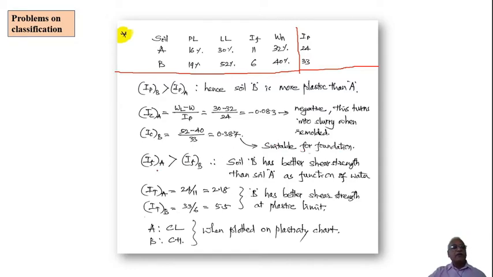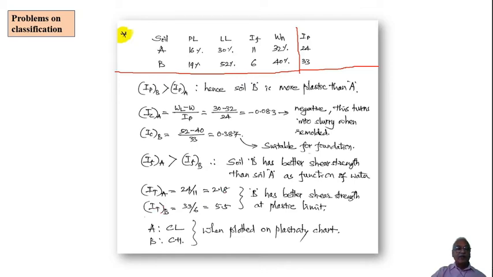Okay. Now flow index 11 and 6. Flow index of A is greater than flow index of B, so we can say soil B has better shear strength than soil A as a function of water content. Okay. Then toughness index, IT, is equal to IP by IF, it is 2.18.